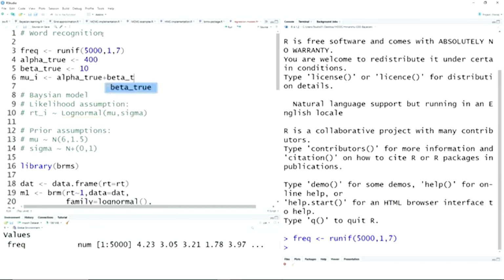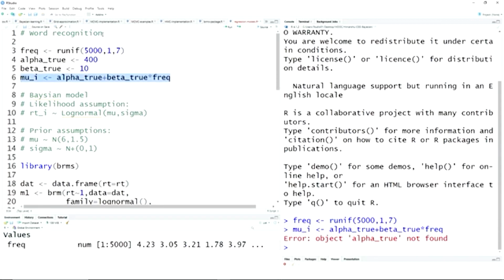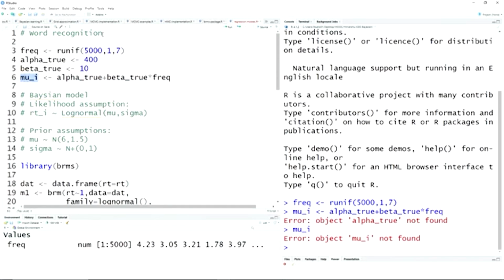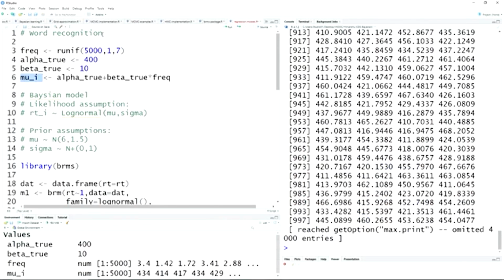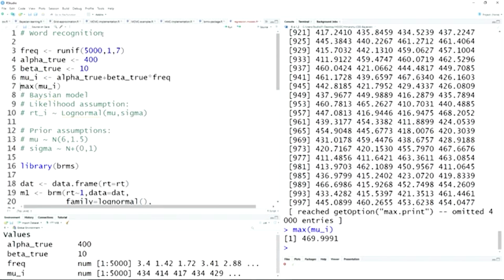Alpha plus beta true into frequency. Let us see max mu i. Where is it going? Okay, it's not much. So I think I can increase beta true to 30 milliseconds or so.